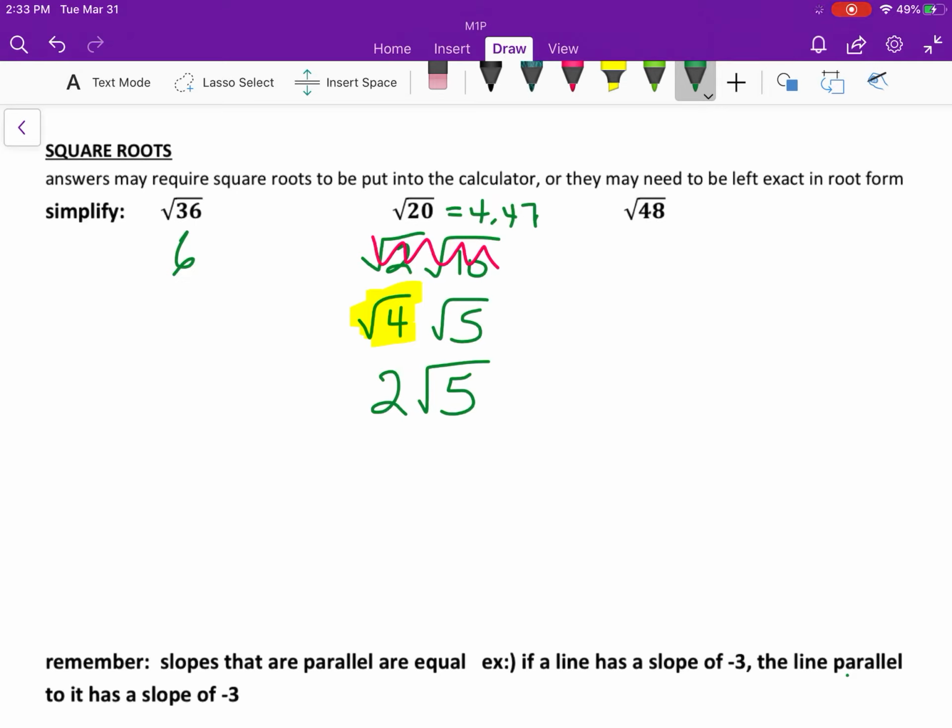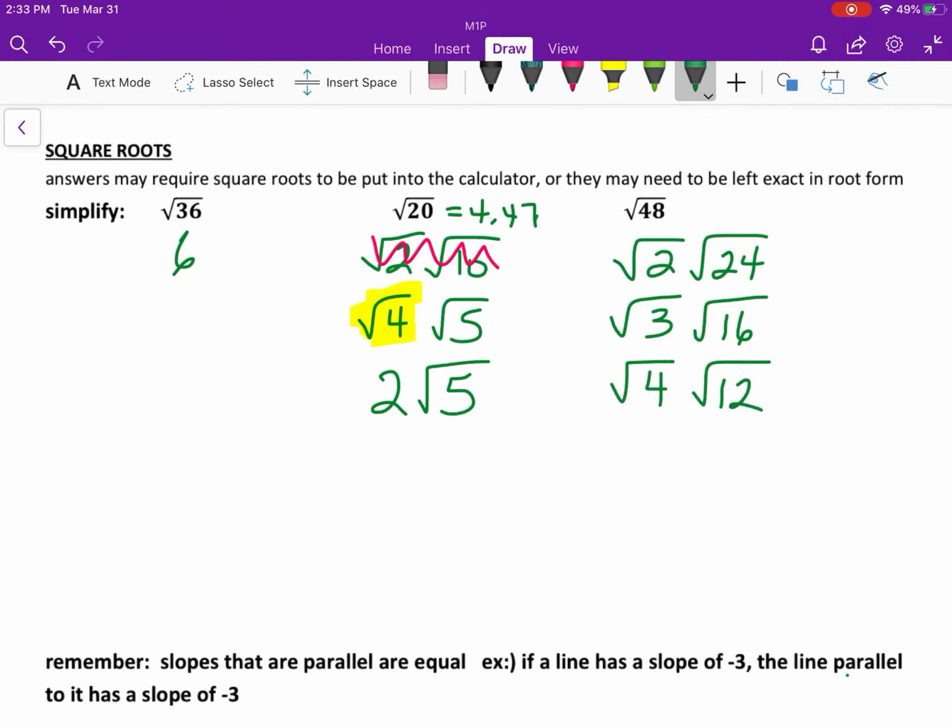So if you take a look at 48, you can do it in your calculator. But if we also need a root answer, I'm going to divide it by 2. 24 goes in. 3 and 16 work. 4 and 12 work. 5 doesn't work. 6 works. 6 and 8. 7 doesn't work, and you get to 8, you're back to 6.